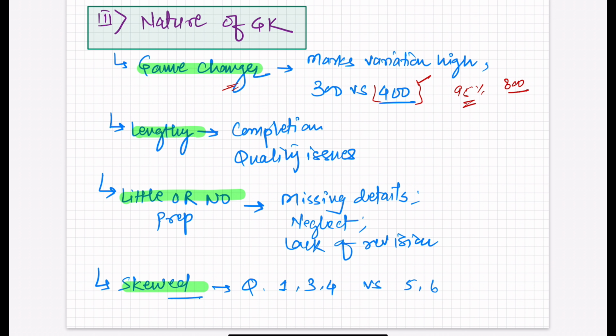I know variability is high, but the variability is even higher in the case of GK and English, whereby marks can vary from 105 to 160. So this 55 marks difference can be used by certain aspirants to actually compensate for the lack of preparation in the optionals. Consider my case.